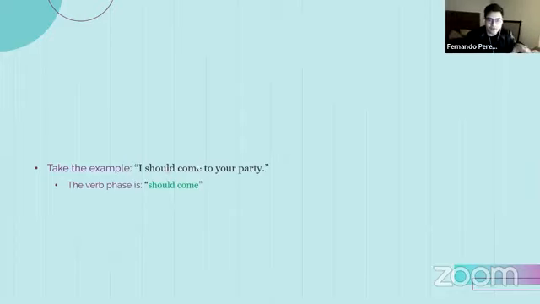Should is there for a reason. Should is giving a meaning to the word come. So they are helping together, and together they are talking about the action, not one and not the other. The verb phrase is the group of words that together comprise the verb.